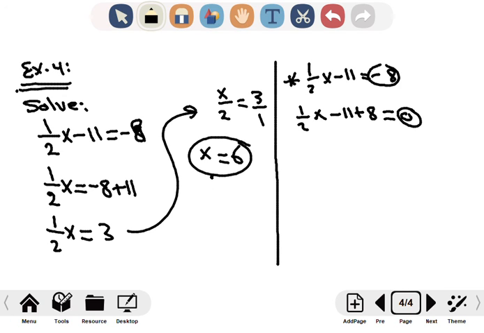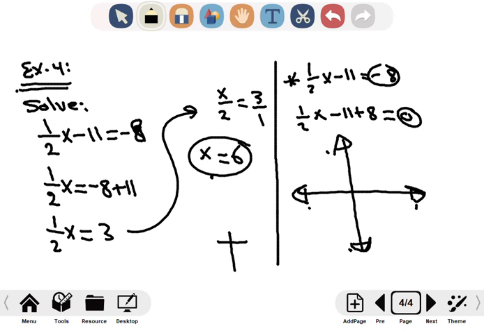Now half of 6, how much is half of 6? 3. 3 minus 11 minus 8 plus 8 makes this 0, right? Now to graph it, graph normally. To graph it, you make your table. Remember? X, Y. From where do we get Y? Now simplify this. Minus 11 plus 8, how much?